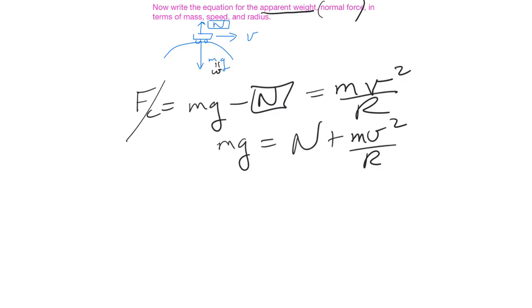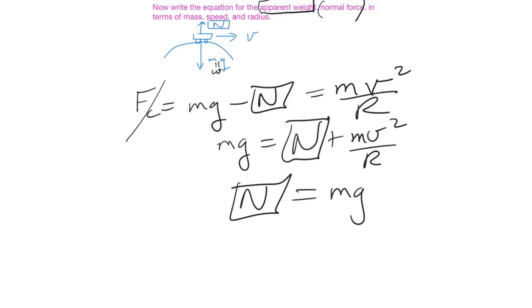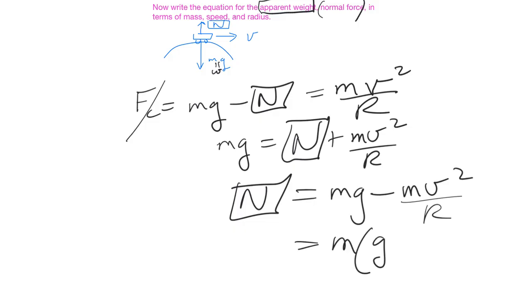Let's get n by himself because that's what I'm trying to solve for. What would the scale read as I fly over this hill? So n equals mg minus mv squared over r equals m times g minus v squared over r if you want. Okay, so I could figure out what the scale reading is using that equation.